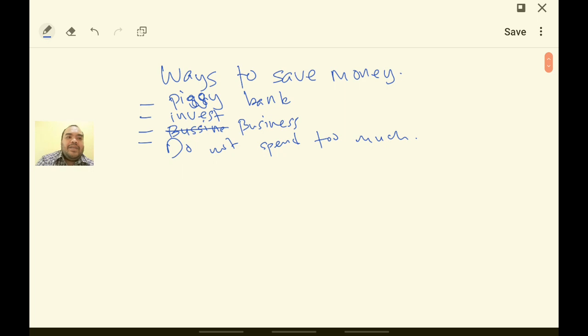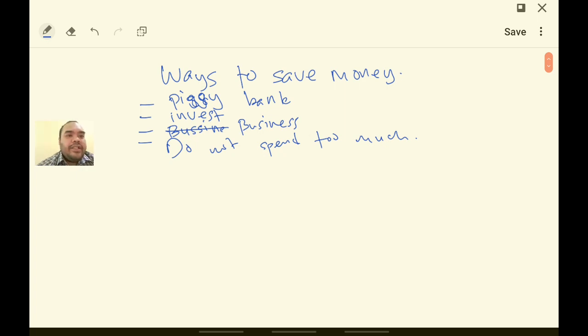A piggy bank is actually a bank, or in Malay we call it tabung, where we put our money in. This is the easiest way. Even kids can do it. Whenever you have some money, put aside some money and just put it in your piggy bank. Over time, you will notice that your piggy bank gets heavier.